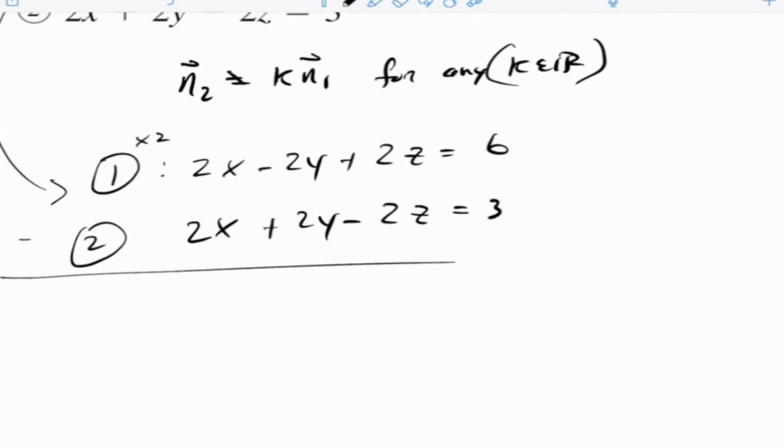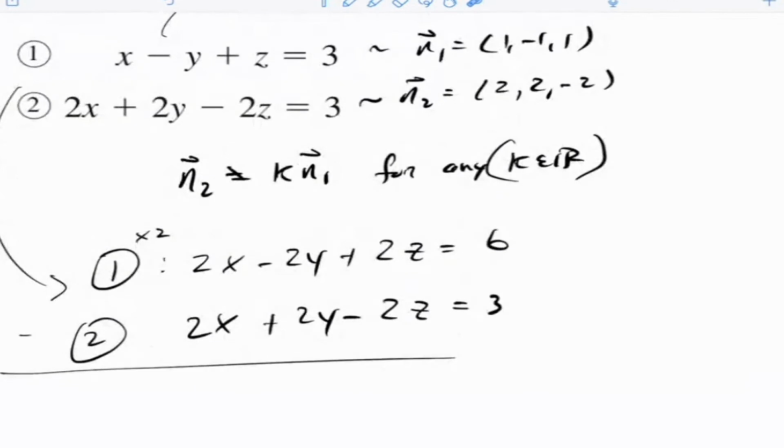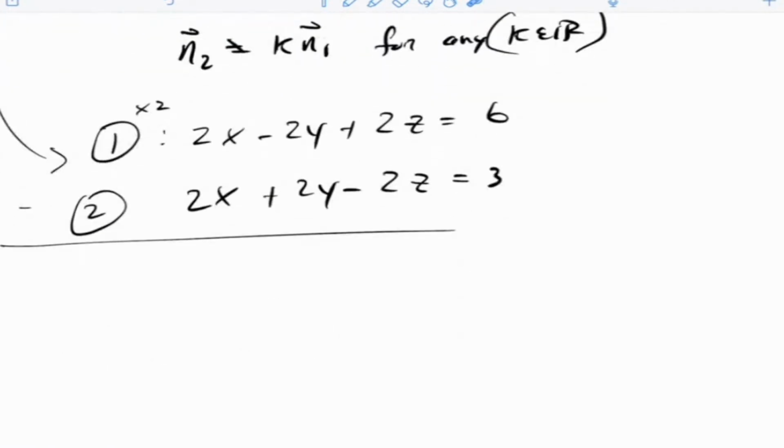I took equation 1 and multiplied across by 2, and we end up getting this. Now when I subtract these two, I've canceled this off, and I'm creating here minus 2y minus 2y becomes minus 4y, and then 2z minus negative 2z is going to be plus 4z is 3. So I'll call this 2 star.